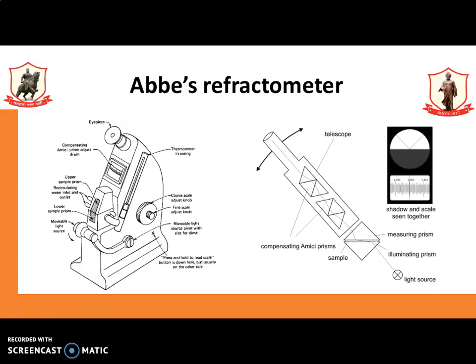The optical compensator sharpens the boundary and produces a critical ray with white light, which is equivalent to that with sodium D line critical ray. Thus, the refractive index measured with Abbe's refractometer equals n D. D is for the sodium light source.